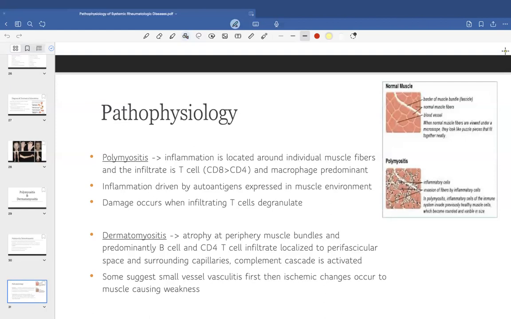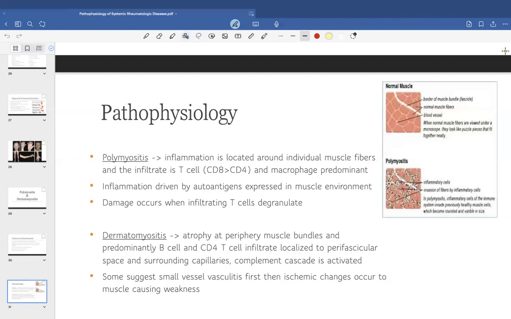after they become more beyond the point of no return, essentially. But that ischemia itself will cause weakness. So a little bit of difference is there, and you should be able to differentiate the patho of one from the other.